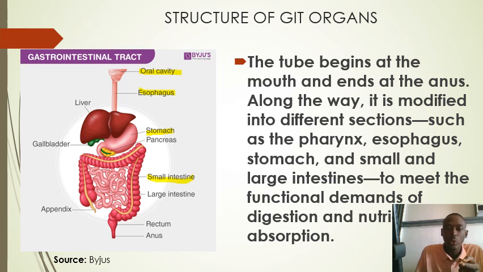Then from the ileum it connects to the cecum of the large intestine. This is the ascending colon, this is the transverse colon, this is the descending colon, and then the rectum, all the way down to the anus. So it is a one-way passage system. The tube begins at the mouth and ends at the anus.